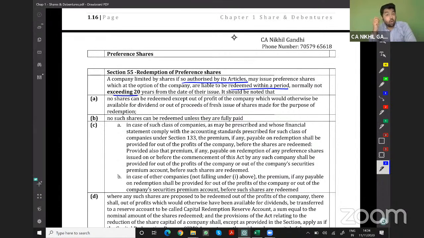See, preference shares are always redeemable. Irredeemable preference shares are prohibited by the Companies Act. So what is the maximum tenure? It is 20 years. We will find some exceptions as well, but generally it is 20 years.